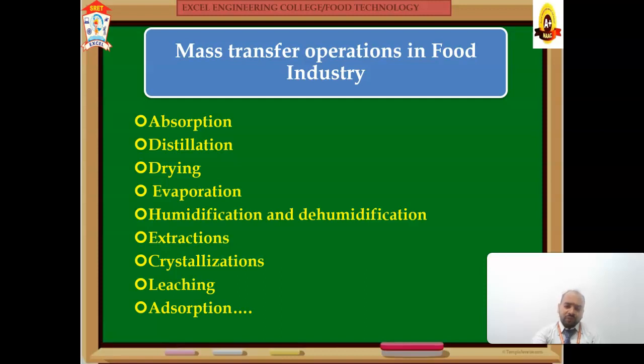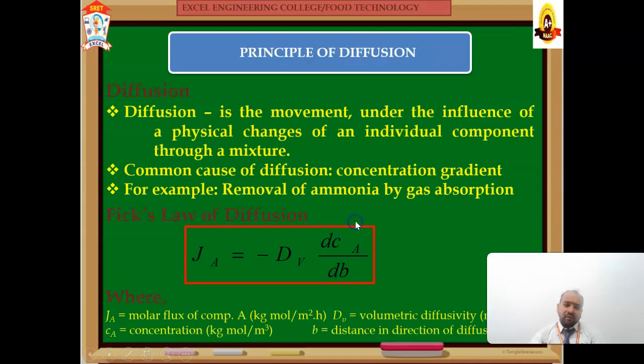Here, first of all, what is the very base principle of mass transfer operations? In this division, the very base of mass transfer operations is diffusion. Diffusion is the movement, under the influence of physical changes, of an individual component through the mixture. The component has a different concentration gradient, that's why it will move.